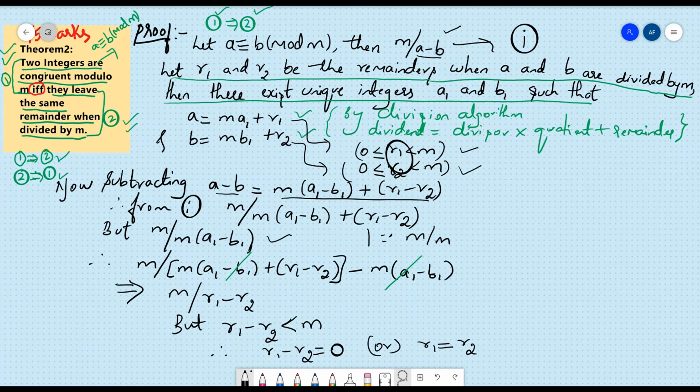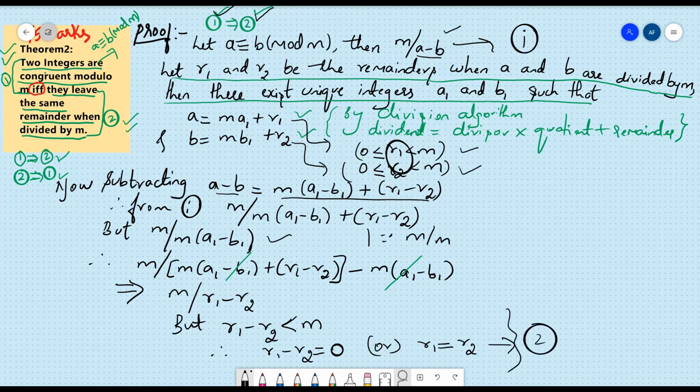Whenever a is divided by m and b is divided by m, we'll get the same remainder. That is the thing, right? What we have taken, we have considered one, and we are supposed to prove the second one. So we have reached this, your second one, right?